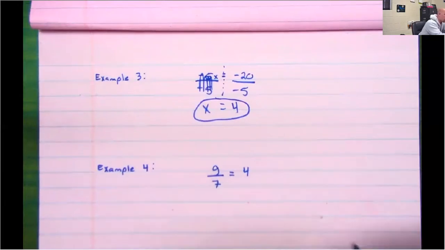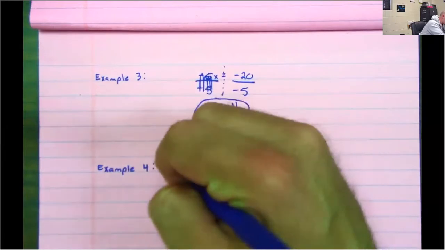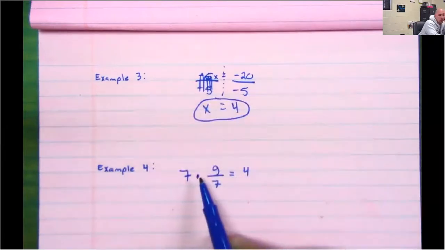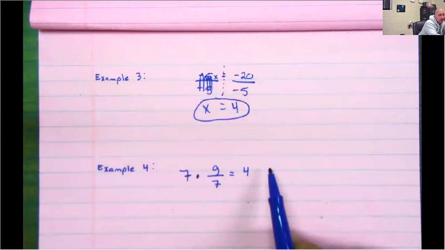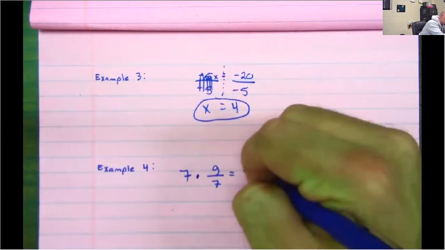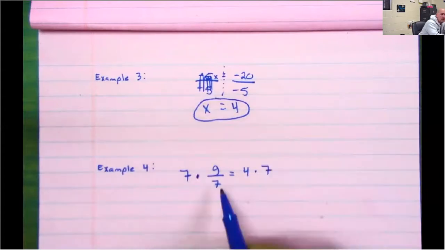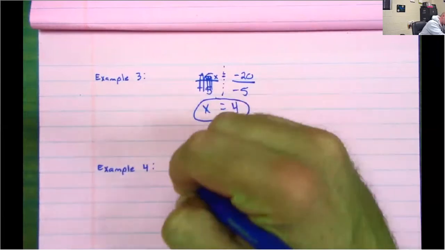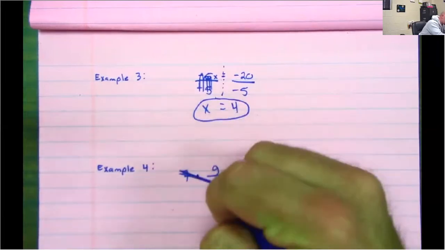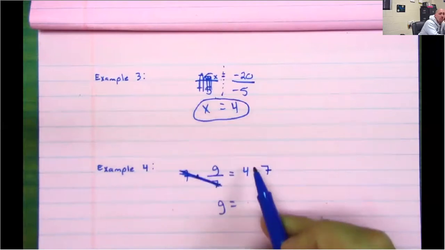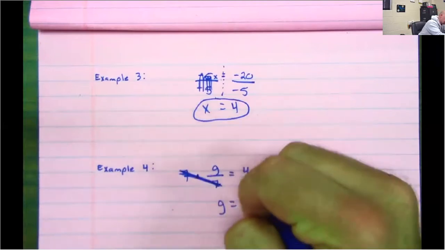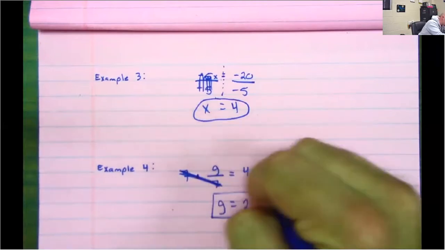The inverse of divide is to multiply. So again, if I multiply by 7 over here, I have to multiply by 7 over here. Well, the 7s here go away. It leaves you with g. Ooh, 4 times 7. 28.